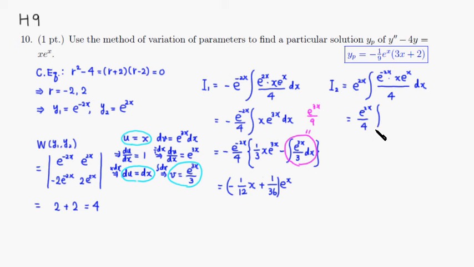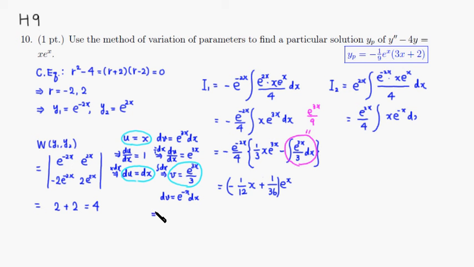then we need to integrate x e to the negative x dx. Again, integration by parts. So I'm going to let u equal x. Actually, I'm going to reuse this. u equals x is exactly the same, so you're going to get exactly the same thing here. But dv is now e to the negative x dx.